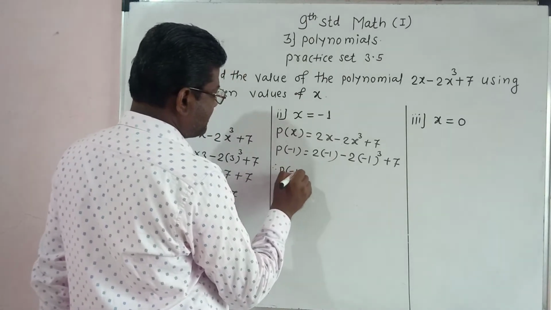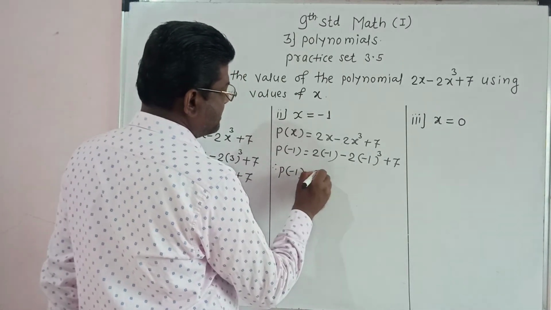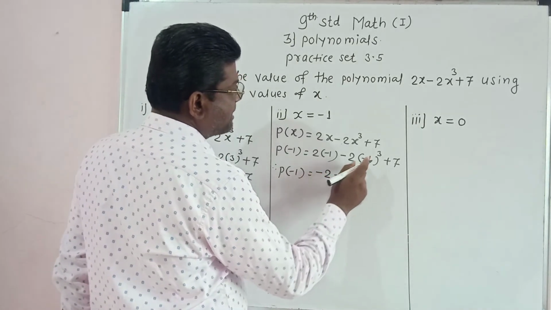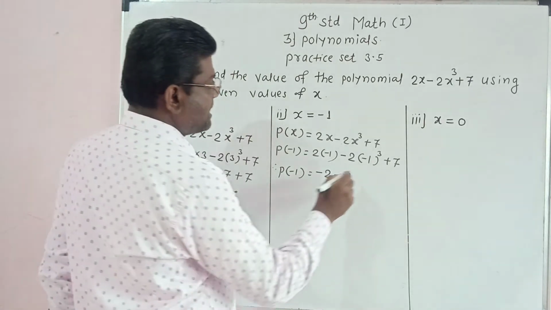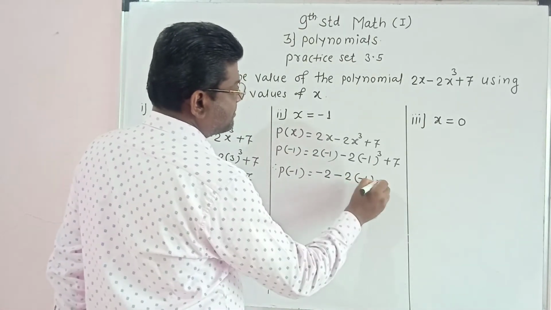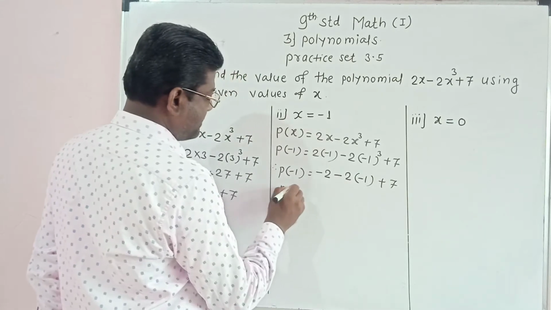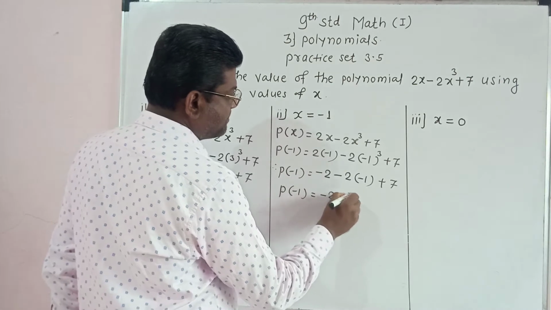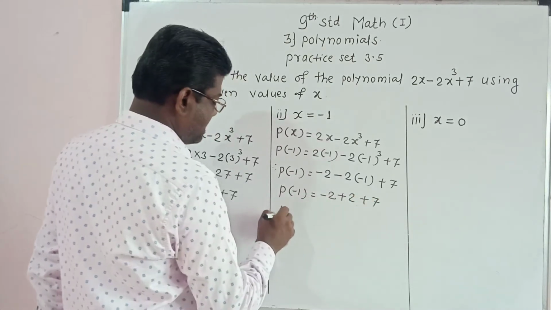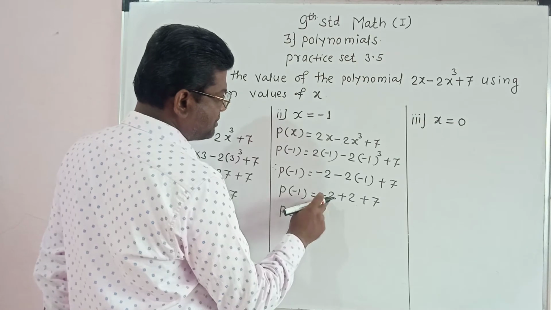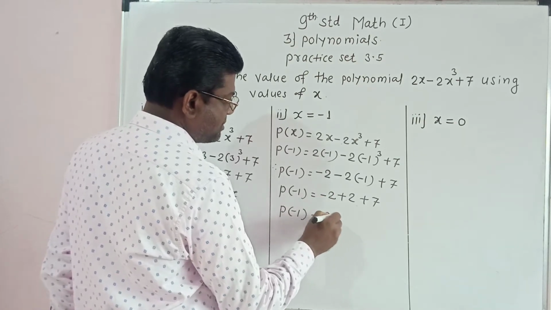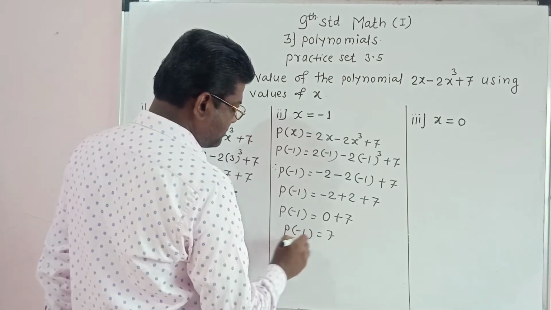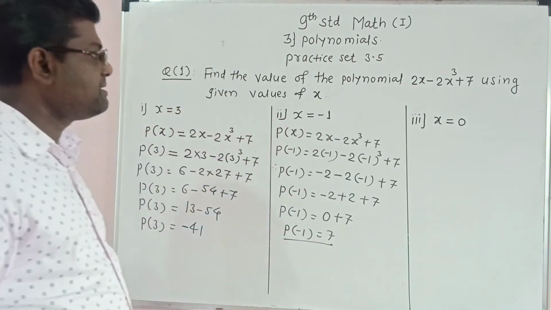Therefore p of minus 1 is equal to 2 into minus 1 is minus 2 minus 2 into minus 1 raised to 3, that will also be minus 1, plus 7. Therefore p of minus 1 is equal to minus 2, this minus minus will be plus 2, plus 7. Therefore p of minus 1 is equal to minus 2 plus 2 will be 0, 0 plus 7. Therefore p of minus 1 is equal to 7, our second answer.